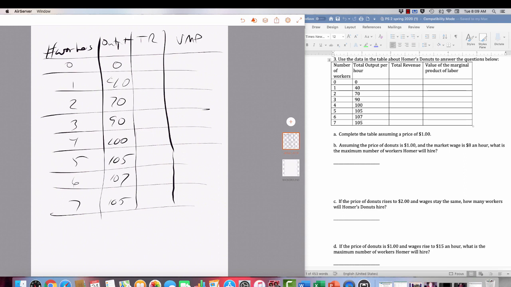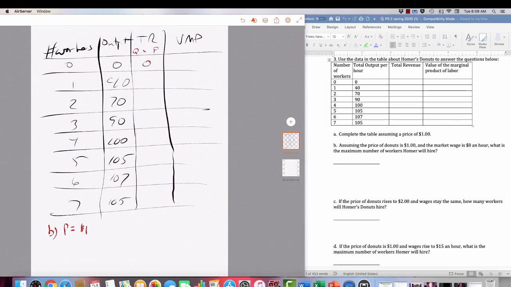To get total revenue, we need to know what the price is. And in the first question under the table, you are told that the price is equal to $1. So, filling out this table with a price of $1 means that we just take the output, which is our quantity, times the price.